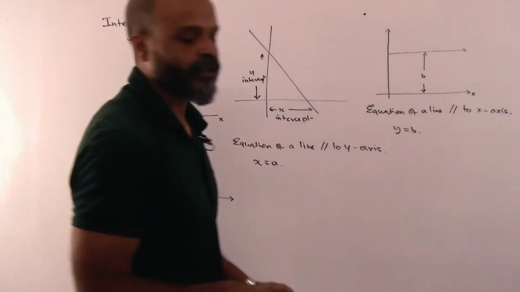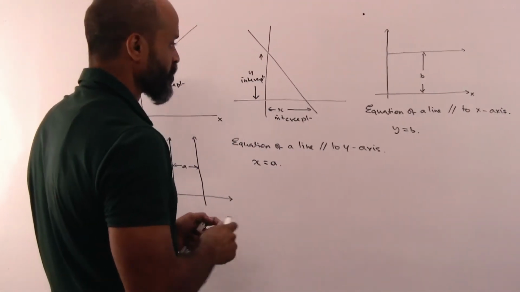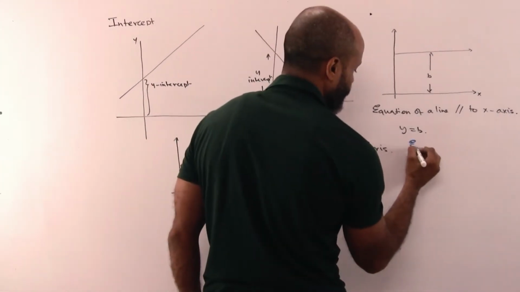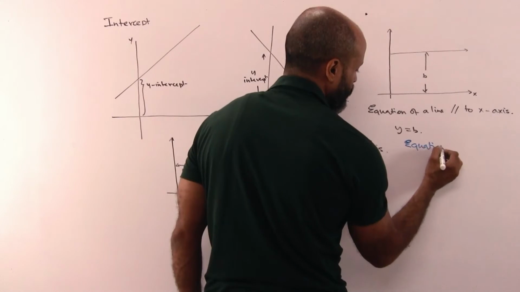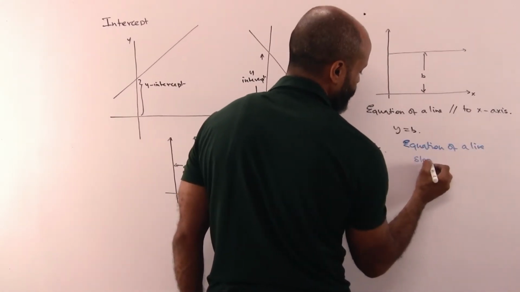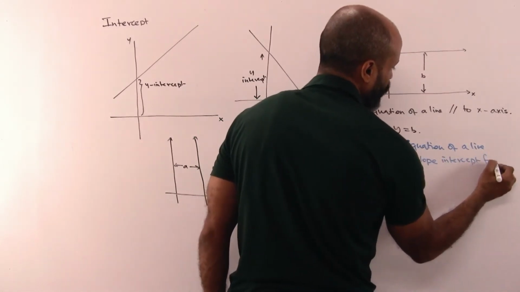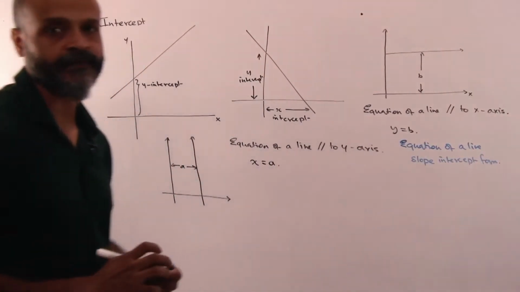Okay. All right. So now we have the slope intercept form of a line. When we write equations of a line, the first thing that comes is the slope intercept form. Now what do we actually mean by slope intercept form?